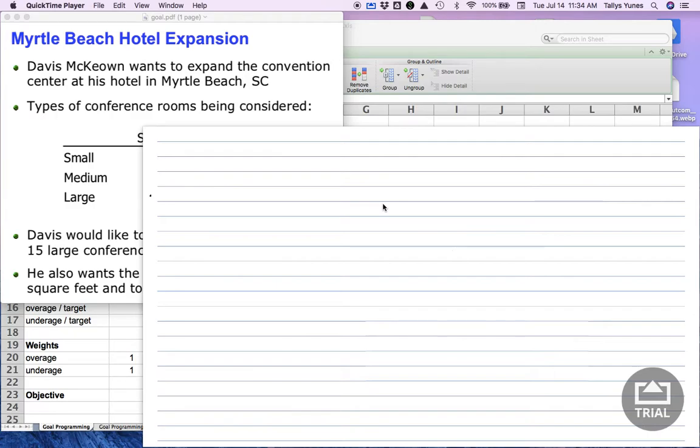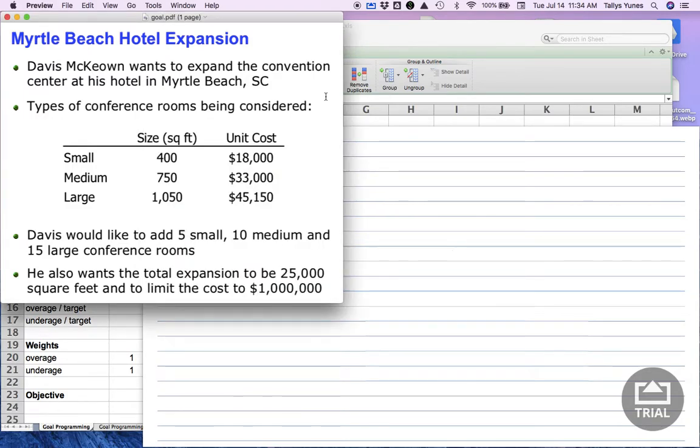They say 5 small rooms. So if I wanted to do that exactly, I would write a constraint that says S equals 5, right? And 10 medium, so I would write M equals 10. And 15 large, right? Let me just double check. 5, 10, 15. Right.